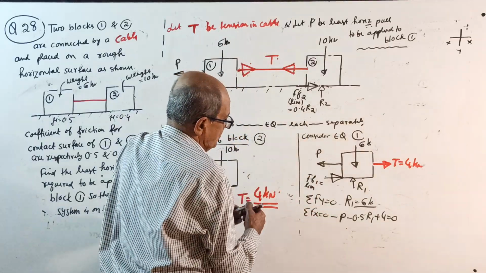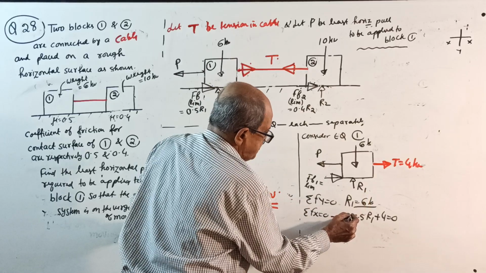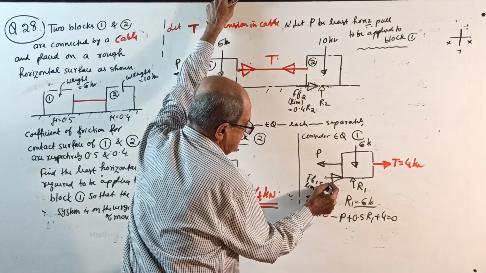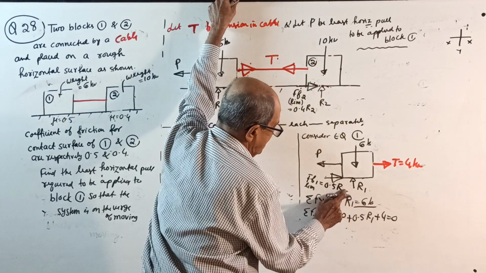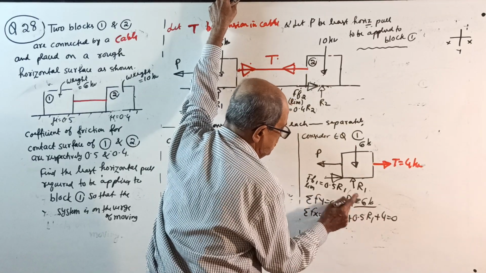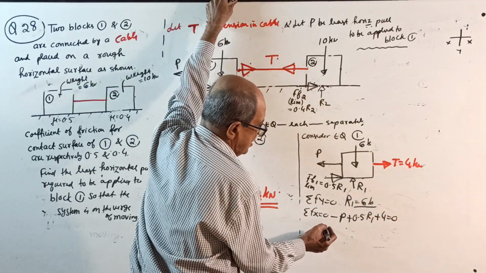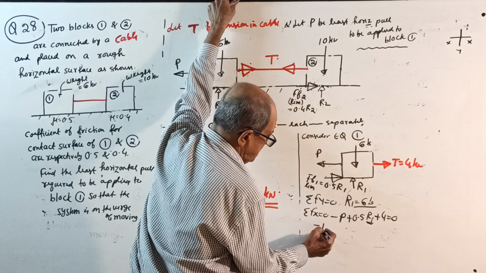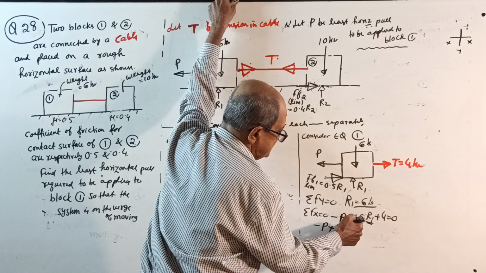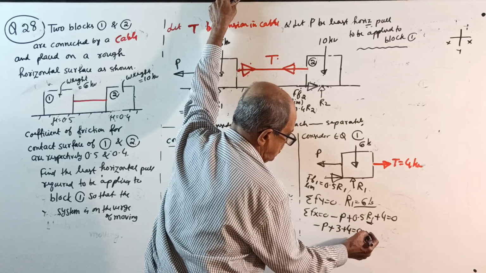Okay, see. Now ΣFx = 0: minus P plus 0.5 R1 plus 4 equal to 0. Substitute R1 equal to 6 kilonewton: minus P plus 6 into 0.5 is 3, plus 4 equal to 0.